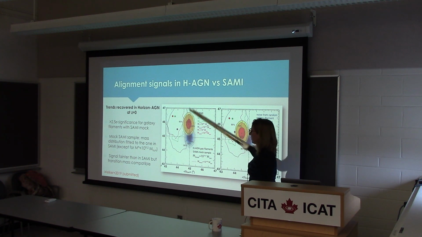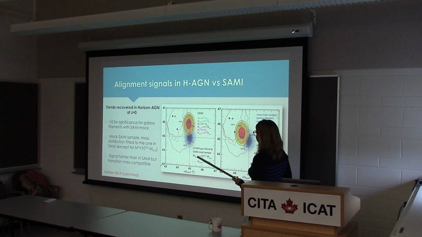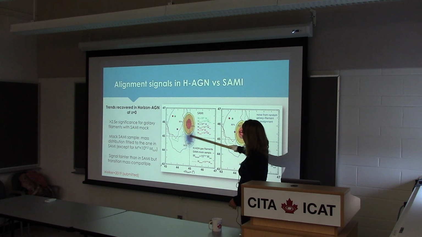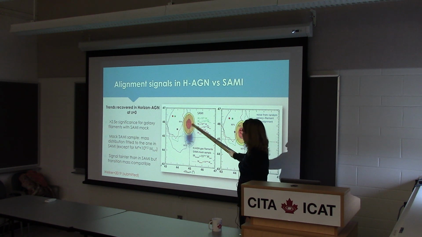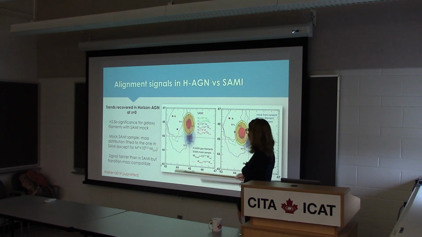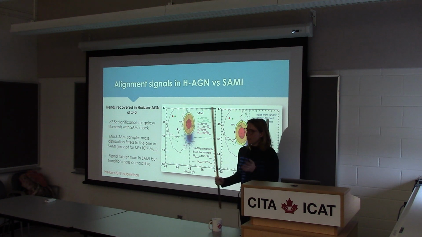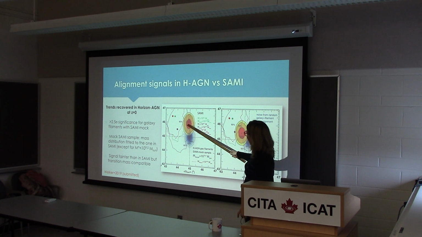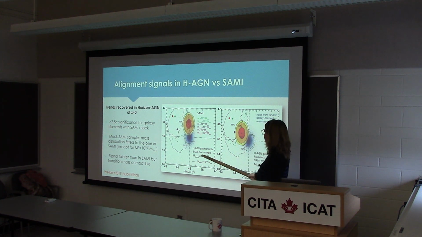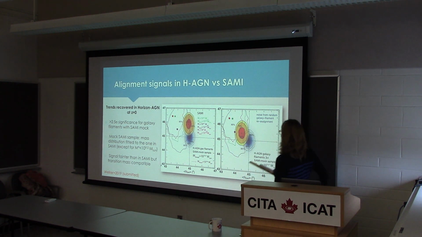So you want to be in that quadrant, right? For Horizon AGN, those are the red-orange contours. And the kind of noise that you can expect are the blue contours obtained from random galaxy filament reassignments, once again. And what you can see is that you do recover a signal whether you use the gas filaments or the galaxy filaments.